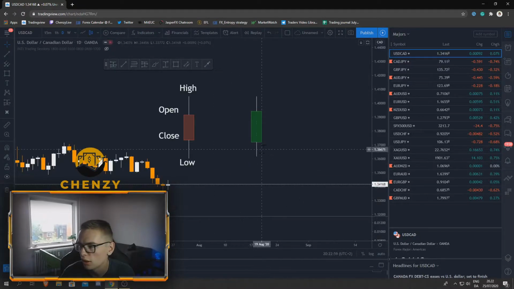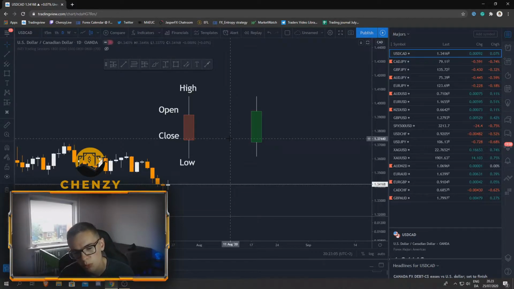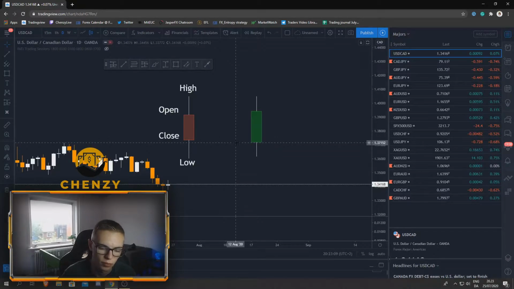Now, it's a green candle and it's a bullish candle, so this means that the open price is lower than the closing price. And the open is at the start of the body. So we place this down here.